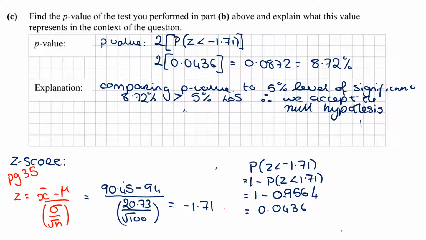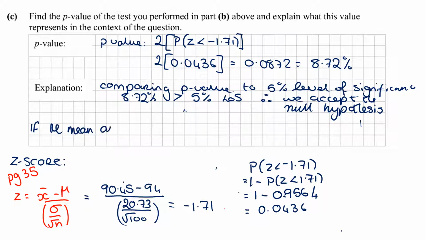So what this means is if the mean amount spent really was €94, then the probability that the sample mean will be 90.45 by chance is 8.72%. Because that's bigger than the 5% level of significance, we would accept the null hypothesis. So let me put this down for you.